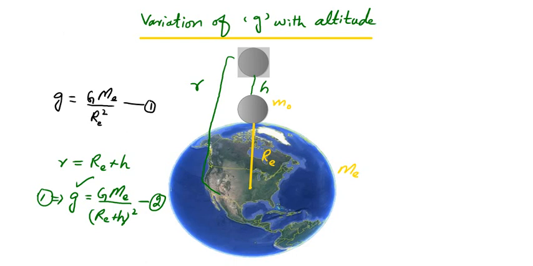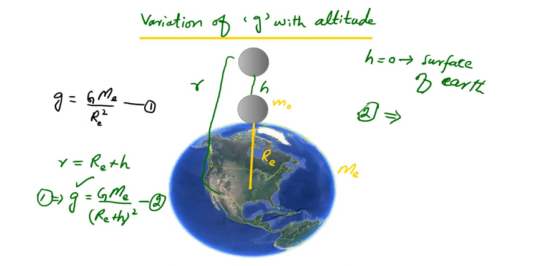Let's say if we consider, for example, h is 0, which means on the surface of earth the height or the altitude is 0, so we can say that this equation will be the same as before, which will be capital G ME divided by r square plus 0.